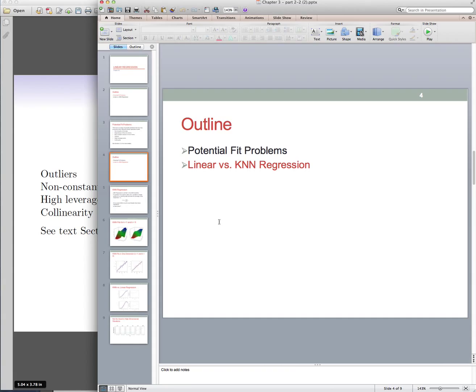In chapter 2 we learned that we can use KNN algorithms very easily, both when you have categorical outputs and when we have quantitative outputs. Now let's focus on quantitative outputs.